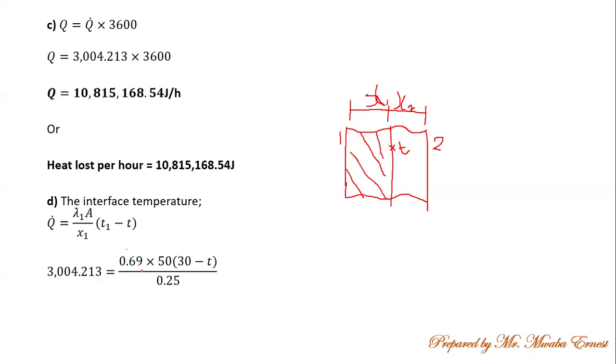Lambda 1 was 0.69. Area was 50. X1, the thickness, was 0.25. T1, the temperature this side, is actually 30, minus that interface temperature, the one we're looking for. It's not known, so we leave it as the subject of the formula.